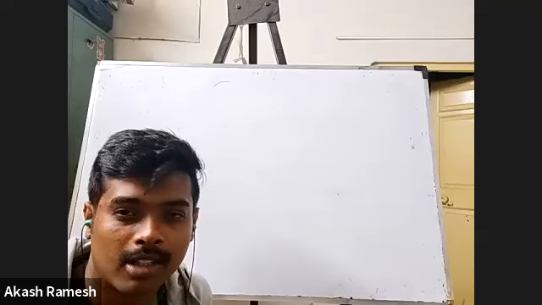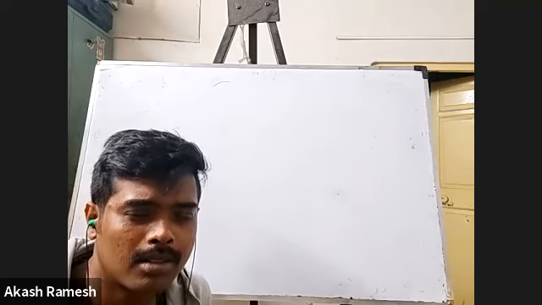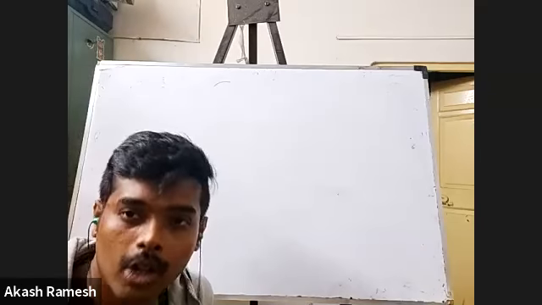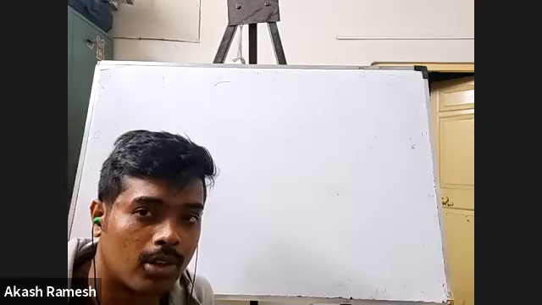Which chapter, sir? S and P block. S block elements, I'm not sure. Is it called S block elements? Yes, sir. It's S block. Okay, in S block you have only group 1 and group 2, or you have group 13 and 14 also? One minute, sir, I'll check.